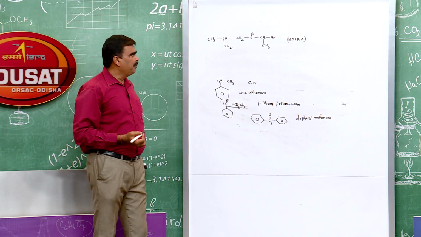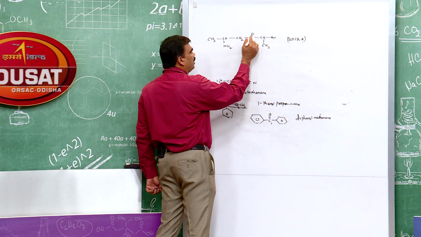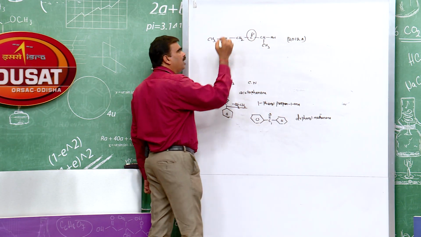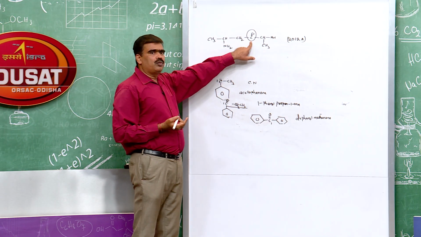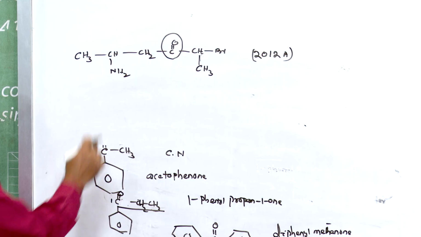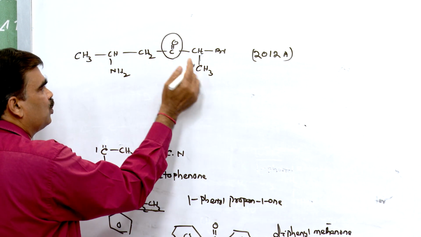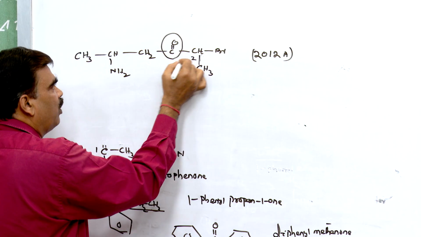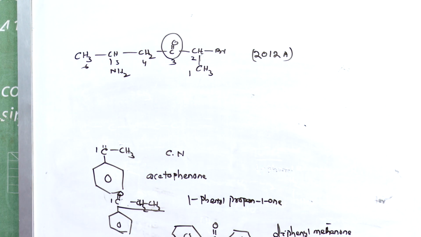So, do the naming. From which side will you do the numbering? From that side you do the numbering where the functional group will get the lowest number. If you do numbering from this side 1, 2, 3, 4, and from this side 1, 2, 3. So, numbering shall be done from this side 1, 2, 3, 4, 5, 6, right.